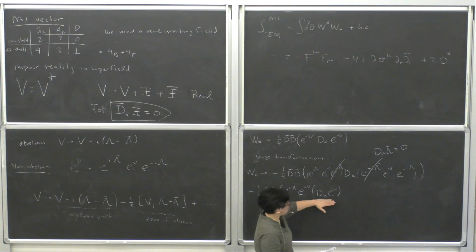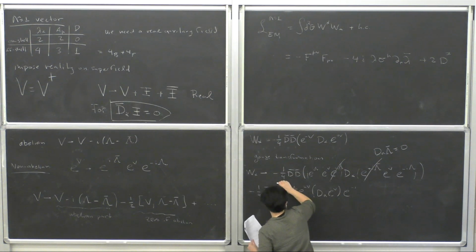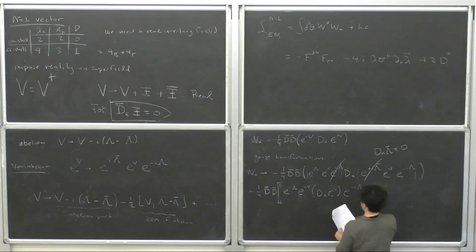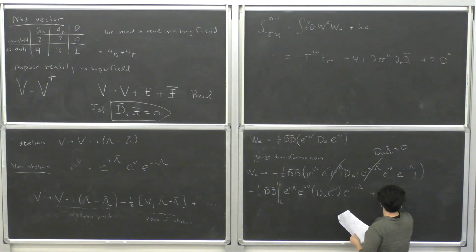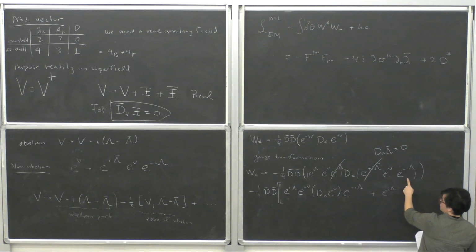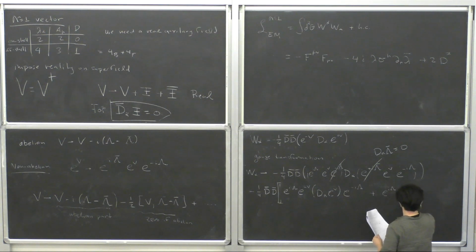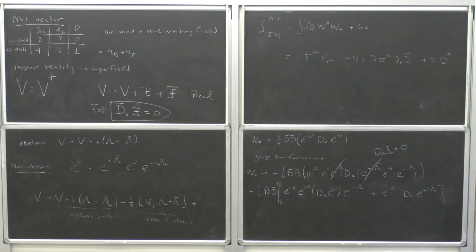So here I act only on this, and this little guy, and I will make a big parenthesis here, plus e to the i lambda. And when I skip this and I act on here, this baby will cancel with this baby. Is this clear?